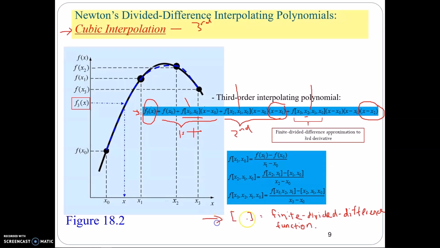In numerical analysis, this bracket means that it is the finite divided difference function. For the first derivative approximation, you need 2 points to compute the derivative. You need 3 points for the second derivative approximation and 4 points for the third derivative approximation.